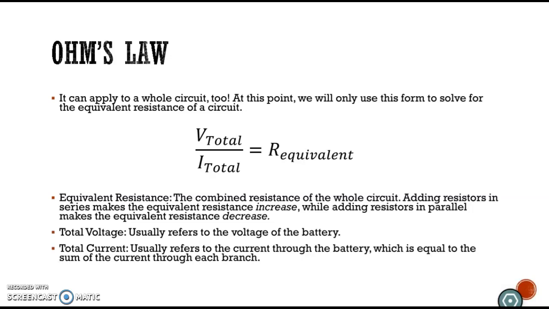And if we make the bottom of that fraction get bigger, then the number for the resistance will decrease. Total voltage is usually going to refer to the voltage of the battery, and the total current is usually referring to the current that goes through the battery, which is going to be equal to the sum of the current through each branch. Okay, I'm about out of time here, so I'm actually going to stop it there.